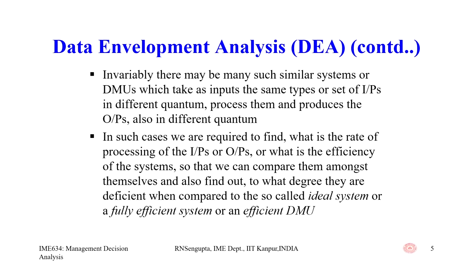Invariably, there may be many such similar systems or DMUs which take sets of inputs in some combinations or in different quantums, process them and produce the outputs also in different quantums.